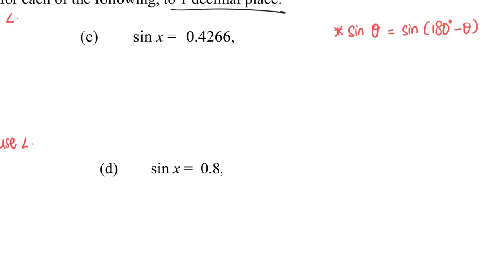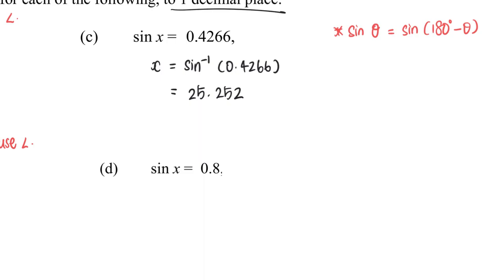And if you are using your calculator and you key in the sine inverse of 0.4266, the value that it returns will only be the acute angle. So in this case it is 25.252, when I round this off to 5 significant figures.